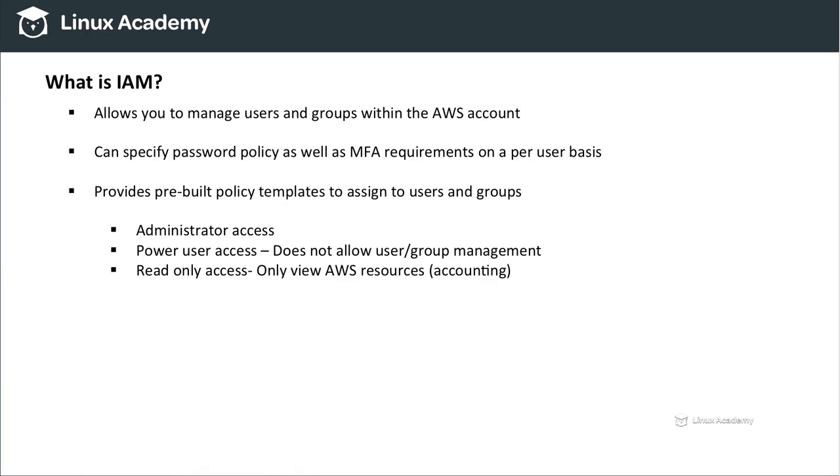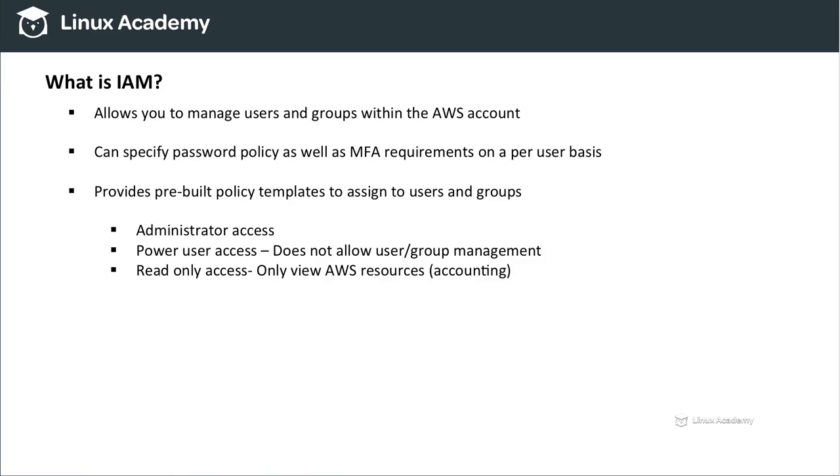Power user access does not allow for user and group management, but allows administrative access to all other services other than IAM. Or let's say our accounting department has a requirement to be able to log in and view AWS bills and resources. We can grant read-only access.